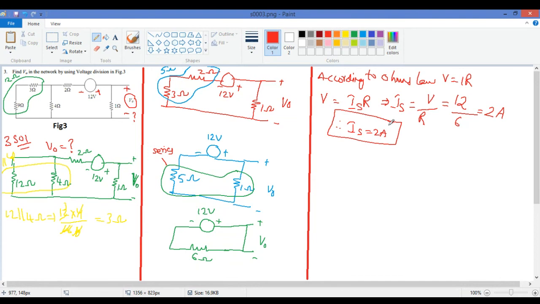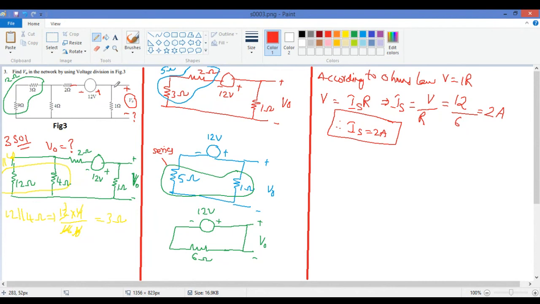From this figure, we have to find V naught across this R. So the current which is flowing here, this Is is 2 amperes.